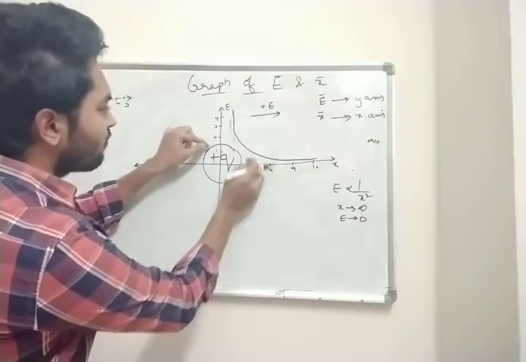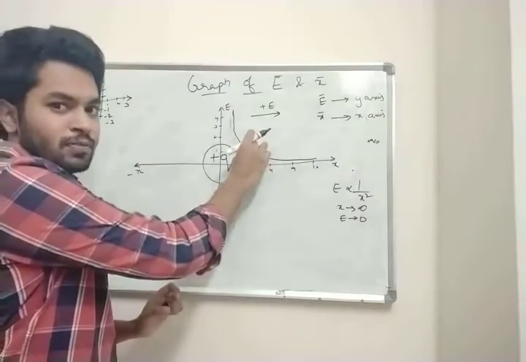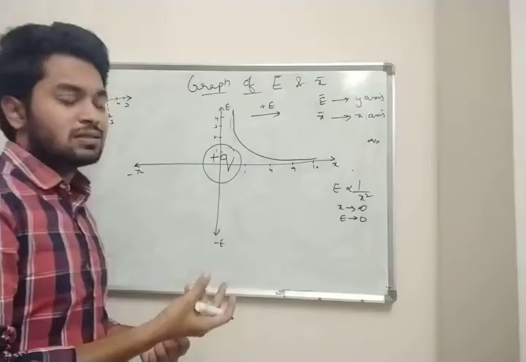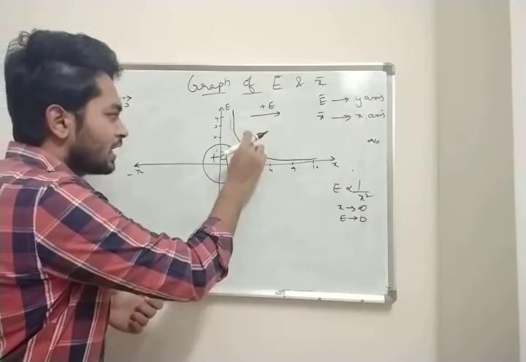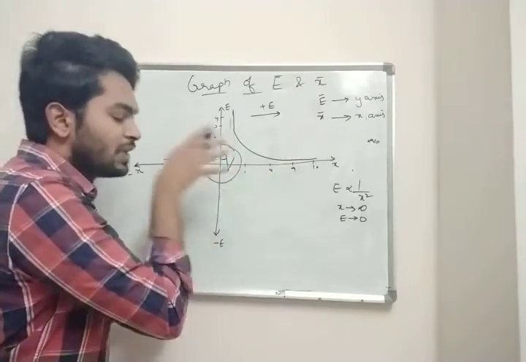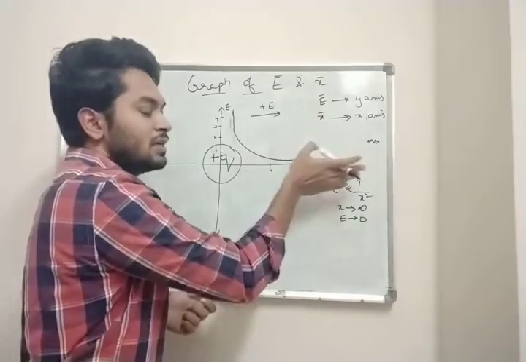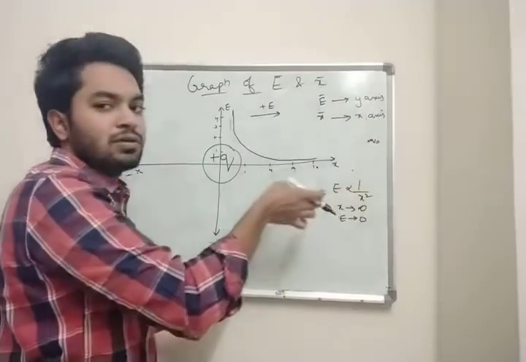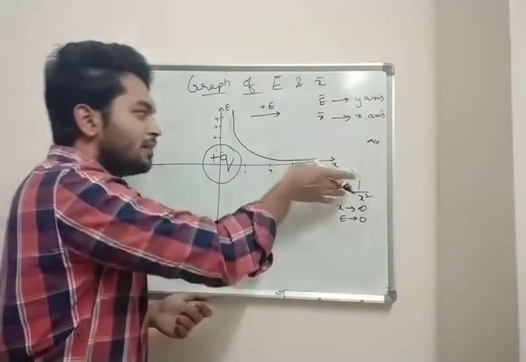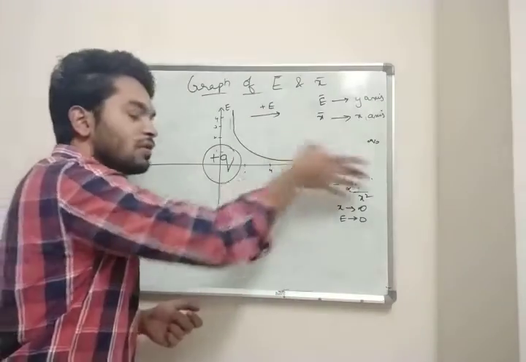At 1, the electric field is high, because you are squaring the distance. At 4 distance is increasing, electric field is decreasing, at 9 distance is increasing, electric field reduced a little bit more, and at 16 again distance increased, electric field also reduced.